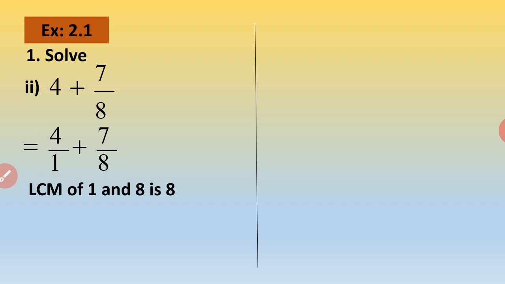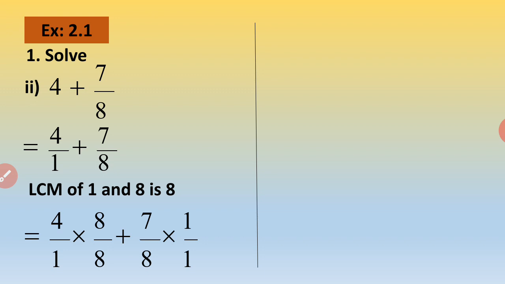So our aim is to make both the denominators 8. The second denominator is already 8. So we will do the corresponding changes in the first denominator. It is just multiplying the first fraction by 8 in the numerator and denominator.